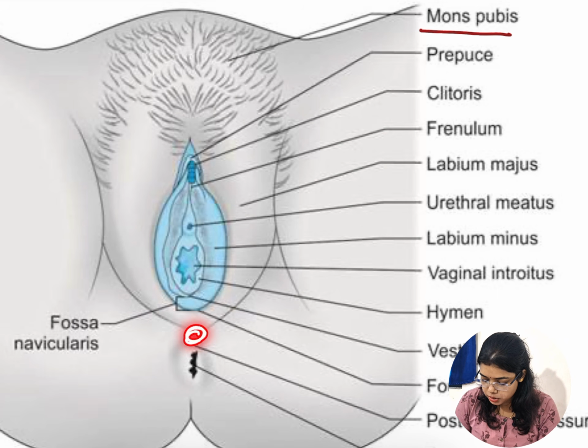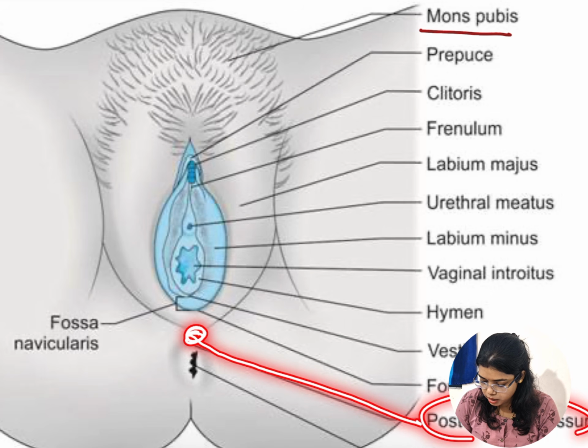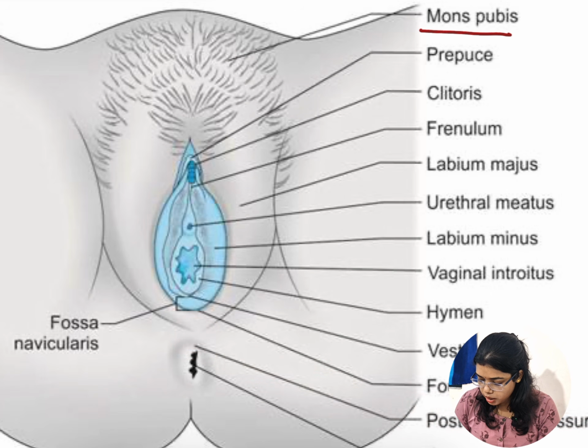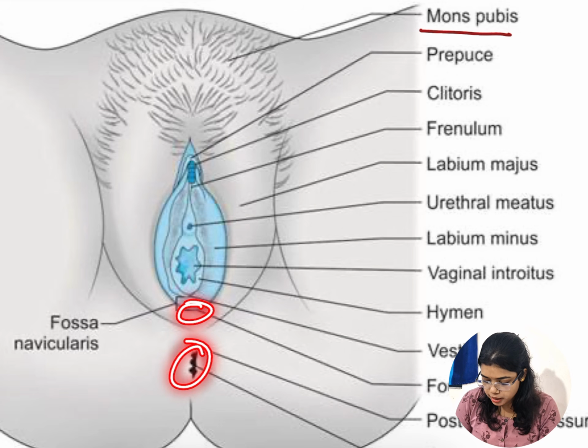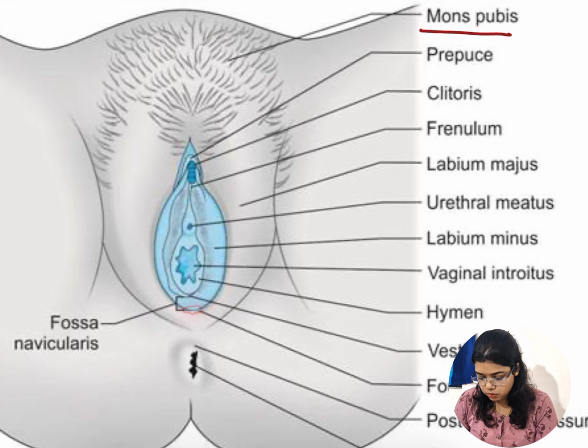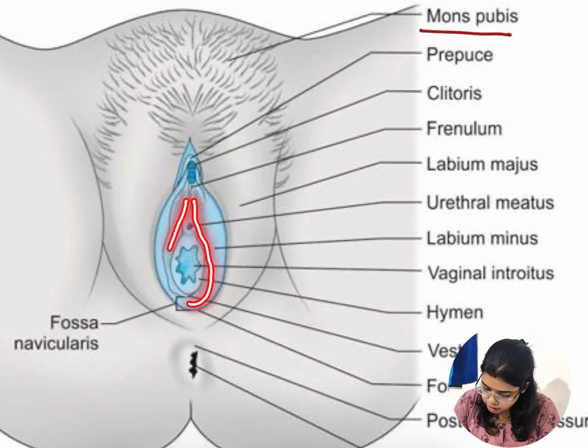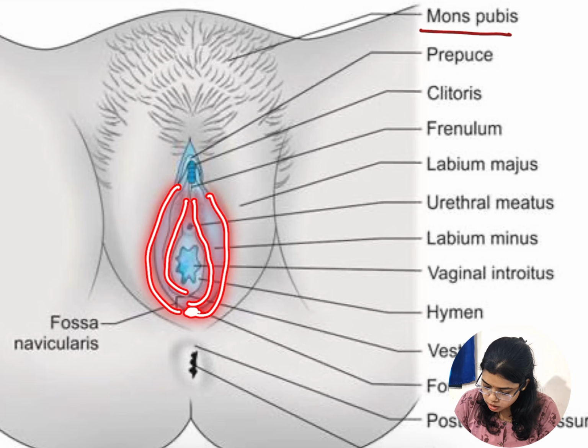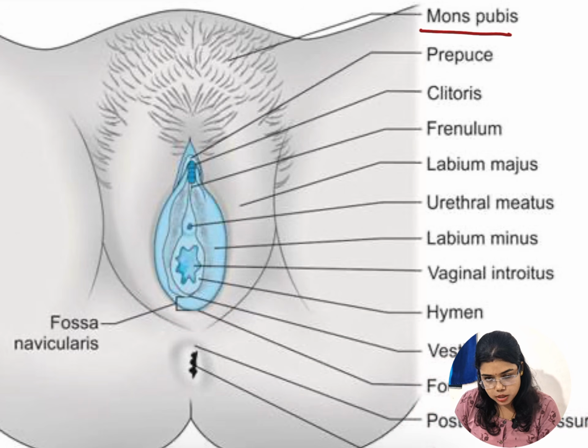This posterior commissure lies between the fourchette and anus. So don't confuse it with fourchette. Fourchette is formed when the labia minora, here, joins posteriorly. So fourchette is different, posterior commissure is different, and vestibule is different.